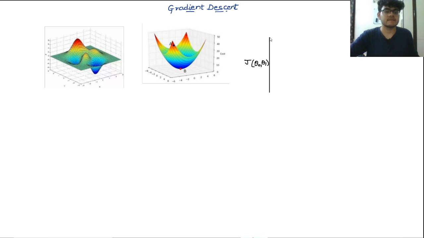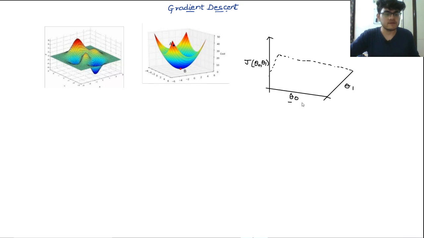Then since we have theta 0 and theta 1 also, here I will take another axis like this, and another axis for theta 1 like this. This axis represents theta 0 and this axis represents theta 1. Now remember this in 3D.